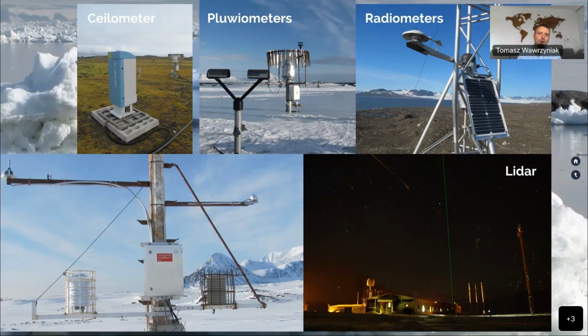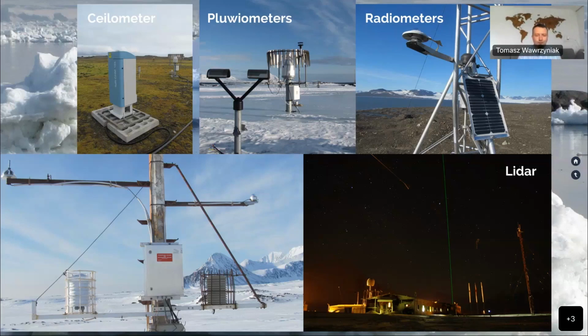For example, ceilometer measures the base of the clouds, also aerosols in the atmosphere. There are also pluviometers, rain gauges in other words. They measure precipitation. There are also radiometers that measure solar radiation. We also have automatic weather stations with all the equipment that is put on the mast.